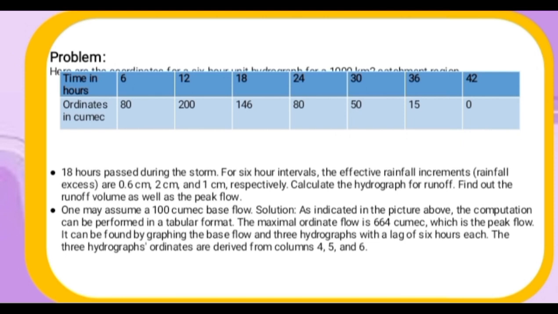Find out the runoff volume as well as the peak flow. One may assume a 100 cubic base flow. As indicated in the picture above, the computation can be performed in a tabular format. The maximal ordinate flow is 664 cubic, which is the peak flow. It can be found by graphing the base flow and 3 hydrographs with a lag of 6 hours each. The 3 hydrograph ordinates are derived from columns 4, 5, and 6.